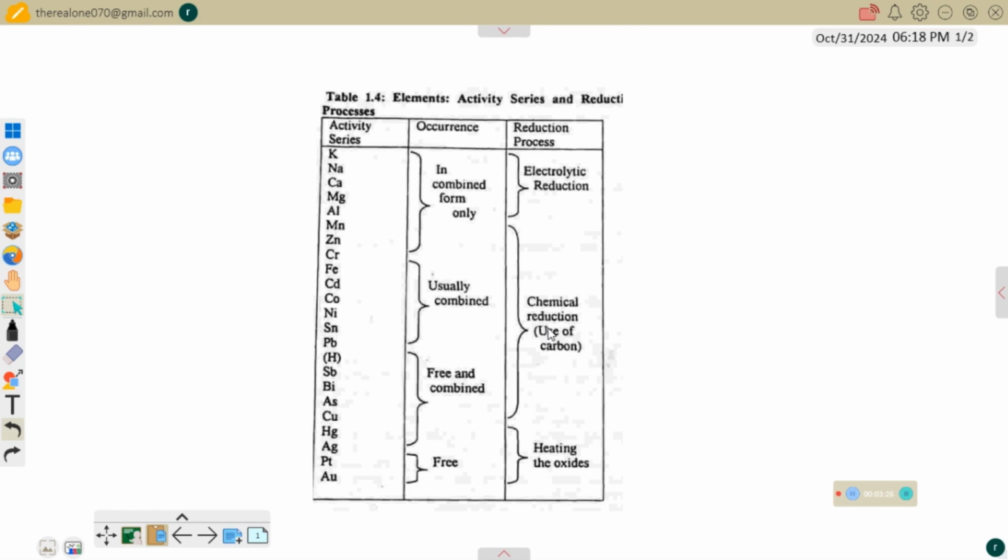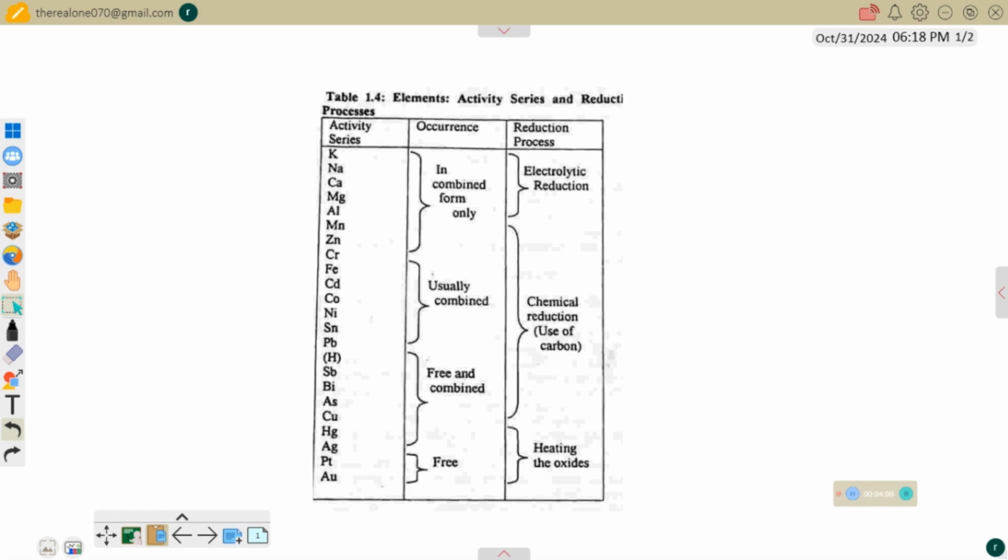That is, we can use carbon to extract them from their ore. That's what we use to extract those ones. And the final batch of elements, from mercury, which is Hg, down to gold, we use heating. We heat their oxides in order to extract them from their ores. So this indicates the different methods of extracting those metals.